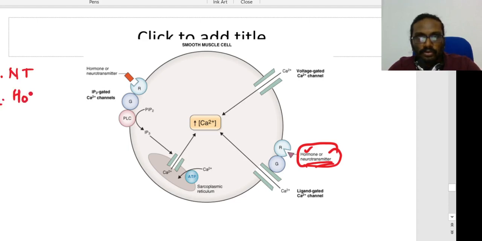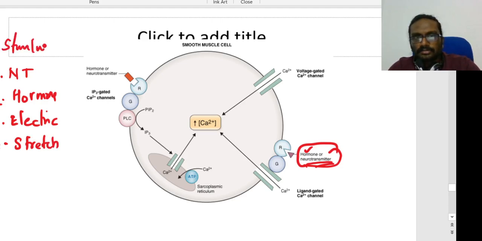You can have hormones directly. You can have electrical stimulation. You can also have stretch. All of these can cause calcium entry. So these are our stimuli. All kinds of stimuli can cause the excitation contraction.